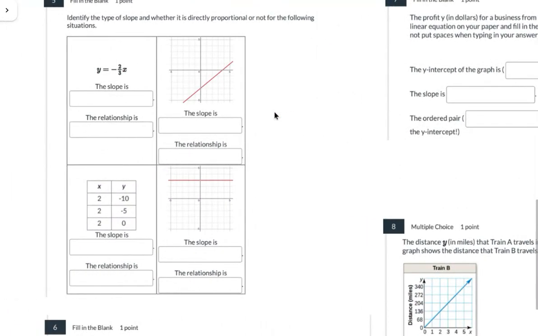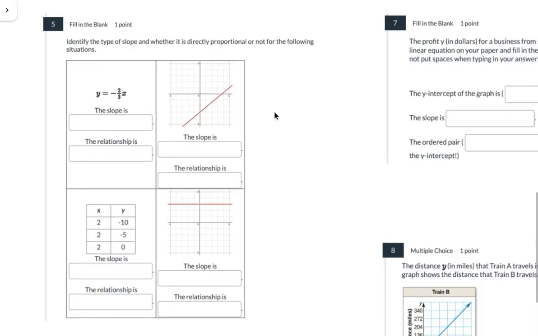All right, so this one says, identify the type of slope and whether it is directly proportional or not for the following situations, okay? So first we got to know slope, and then we need to know proportional, yes or no. So the types of slope that we're talking about would be a positive slope, and these were the drop downs for each of them.